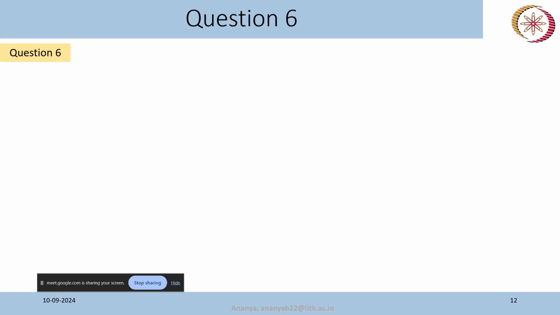So go to the next question. Match the following. I'll have one column and another column, and you have to match. The first column is optical microscopy. Second, transmission electron microscopy.